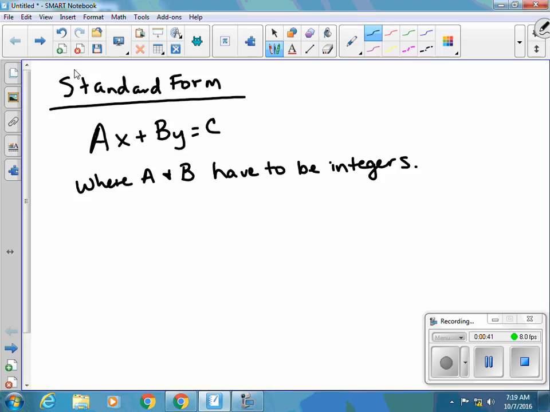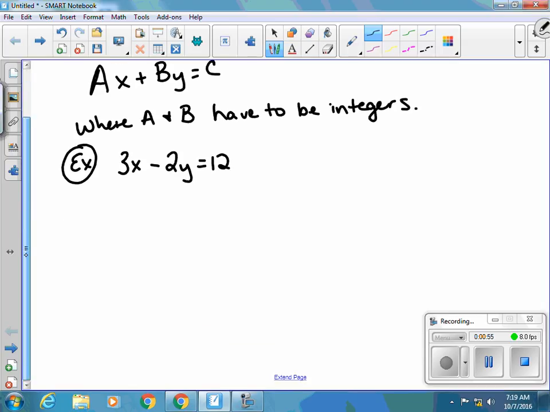or a y-intercept. So for example, let's say I have the equation 3x minus 2y equals 12. I'm going to be looking at my y-intercept and my x-intercept.